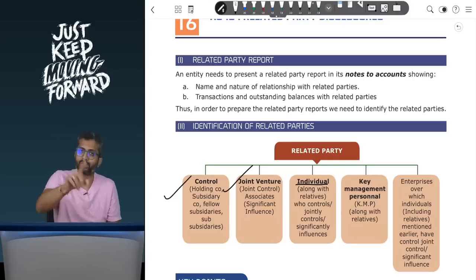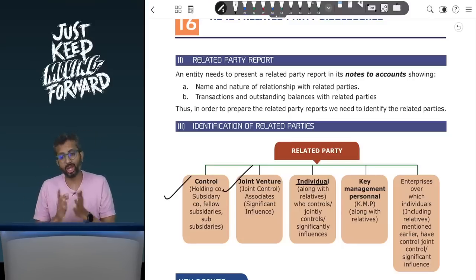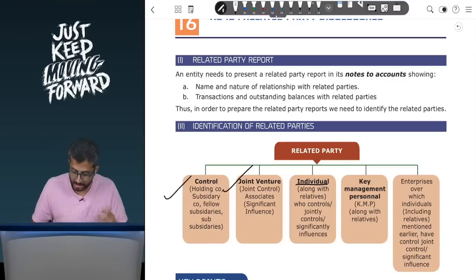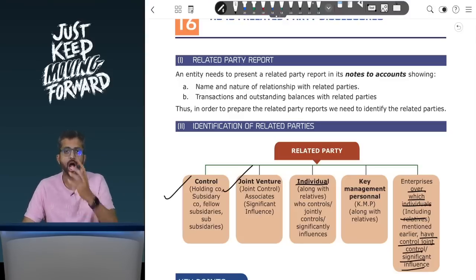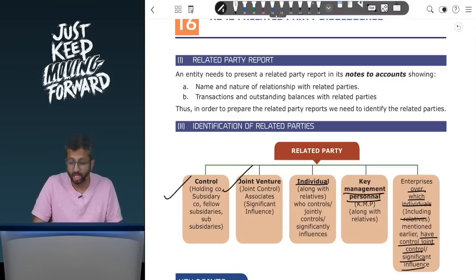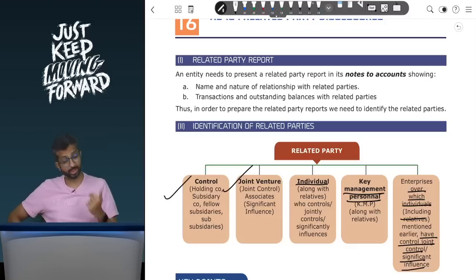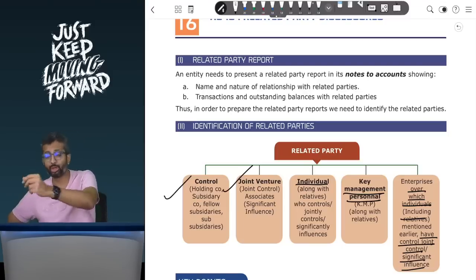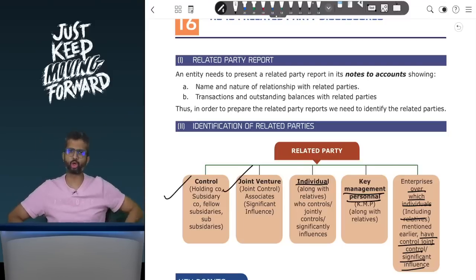Individuals along with their family members or relatives who have control, joint control or significant influence will also be related parties, or entities over which such individuals including relatives have control, joint control or significant influence can also be related parties.